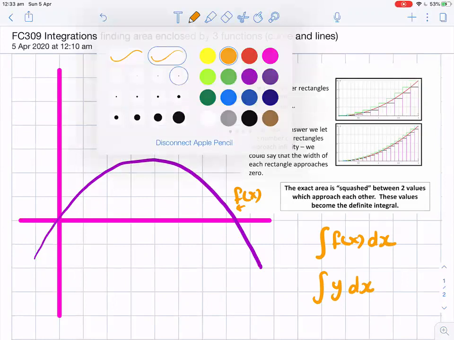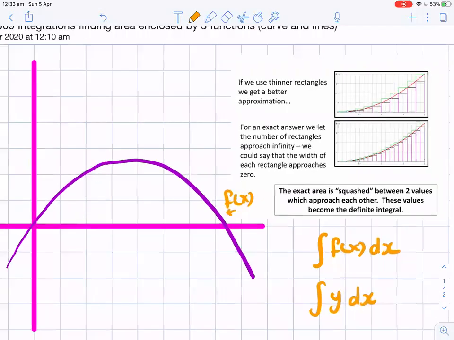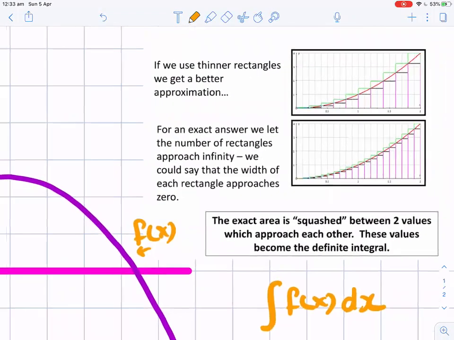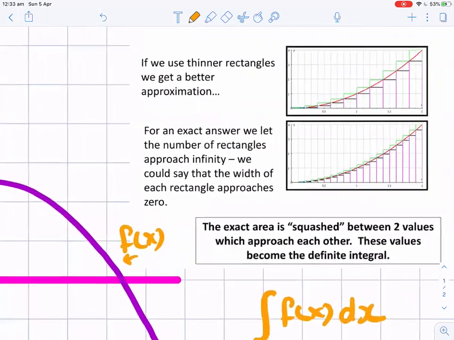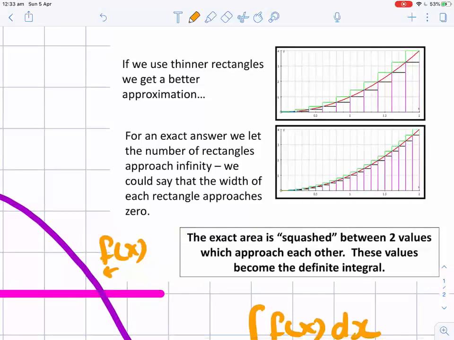You remember from last time, or from the slides in the PLE, if we have a curve, we can think about the area under the curve as many very, very thin rectangles.